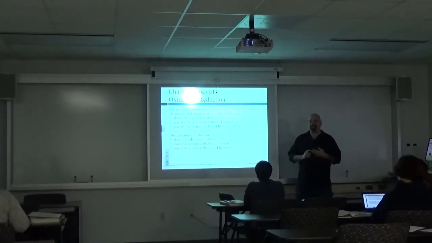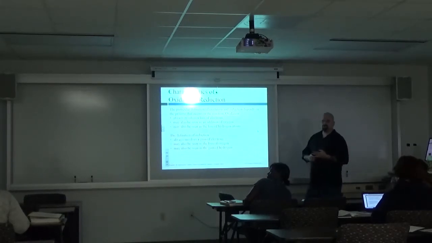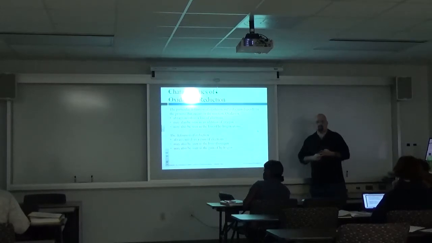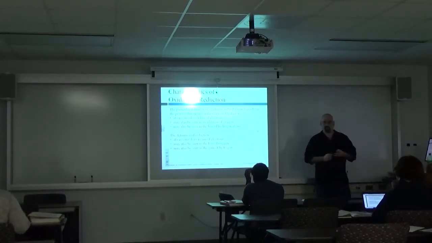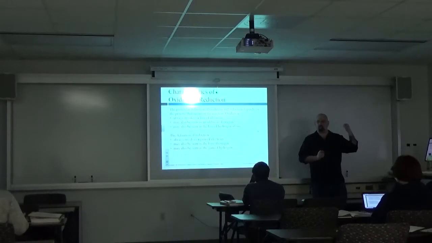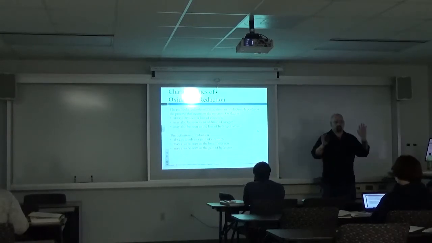Reduction is gain of electrons. Because that's the only thing that can move. Electrons, right? Protons can't move. Neutrons can't move. Not unless we go back to chapter 5 and start talking about radiation. And that's not what we're talking about here.